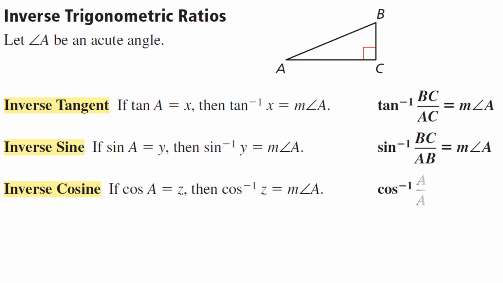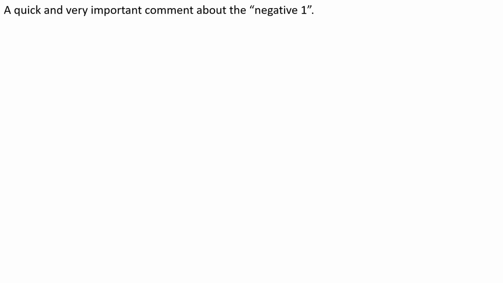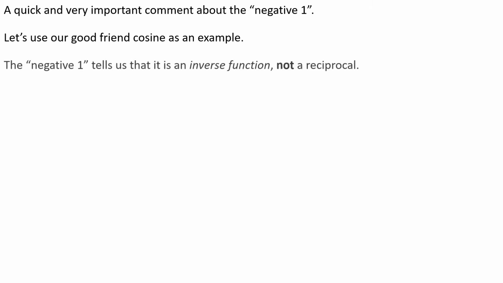And the first thing we really need to talk about is what on earth is that -1 trying to tell us? That -1 is not an exponent. So let's take a look at cosine and try to figure out exactly what that -1 is telling me. It tells me that it's an inverse function, not a reciprocal.